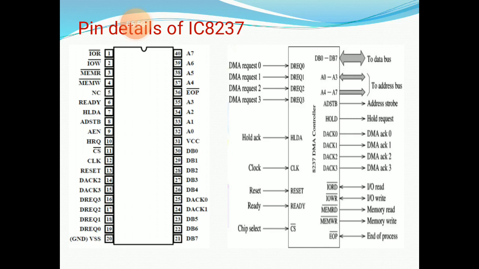DACK0, DACK1, DACK2, DACK3 are output signals which are connected to peripherals, and 4 control signals IO read, IO write, memory read, memory write are connected to memory and peripherals. One end of process signal and 4 DMA request signals are input signals that receive the request from peripherals, along with the hold acknowledge signal from the microprocessor, a clock signal from the external clock generator, reset signal, ready, and chip select signals.